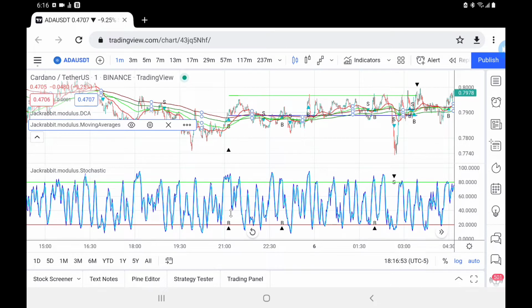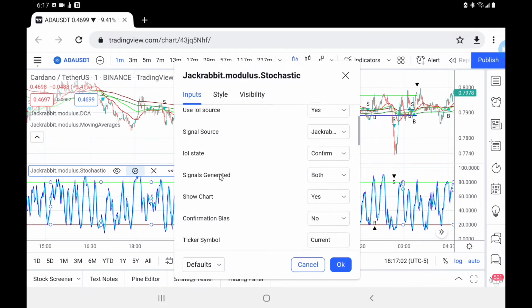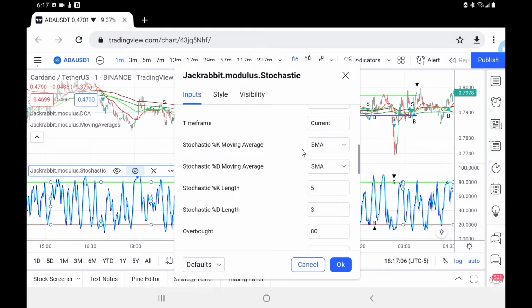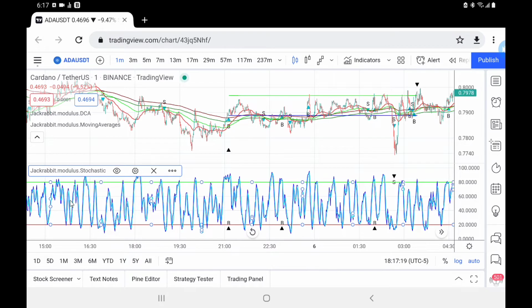Very simple, very easy, and yet, let's actually go through the settings of the stochastic just so you can see. Very, very straightforward and simple stochastic. Literally cookie cutter all the way. And even the momentum isn't really that big of a deal, or the crossover.